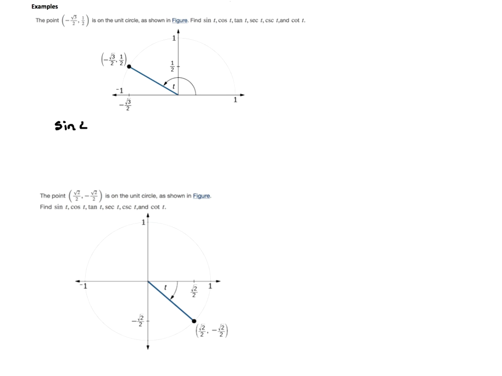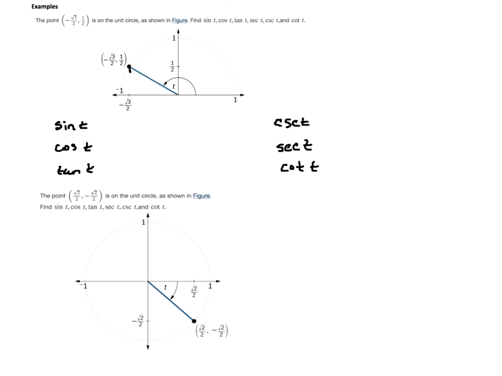So I always set it up: sine t, cosine t, tangent t, and then directly across I set up their reciprocal functions, cosecant t, secant t, and this just keeps on establishing that relationship in my mind, cotangent t.